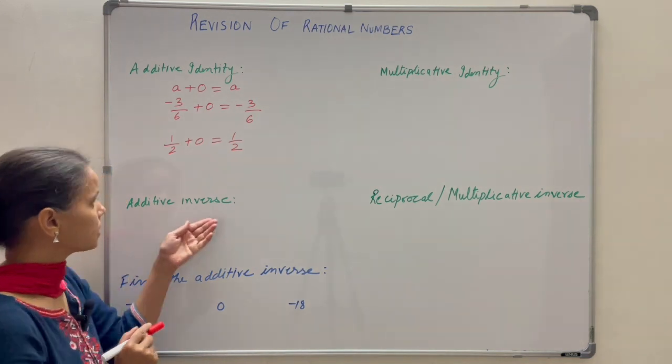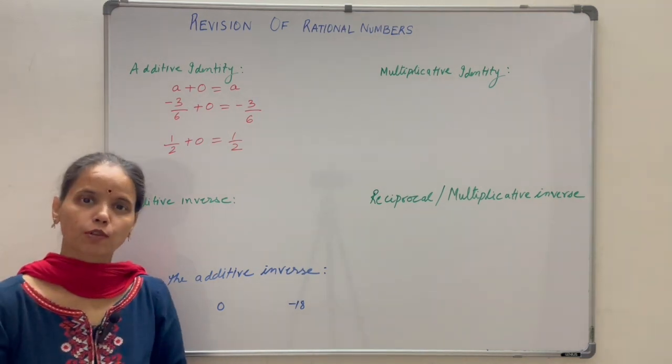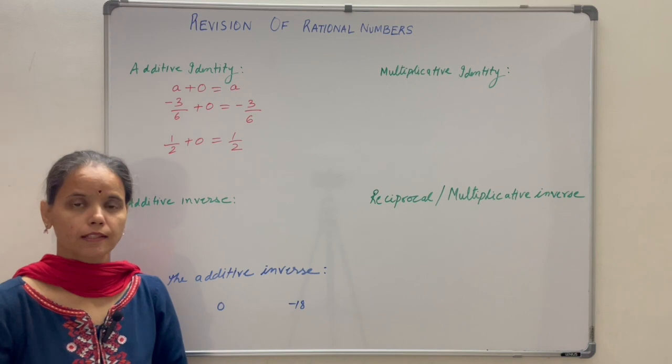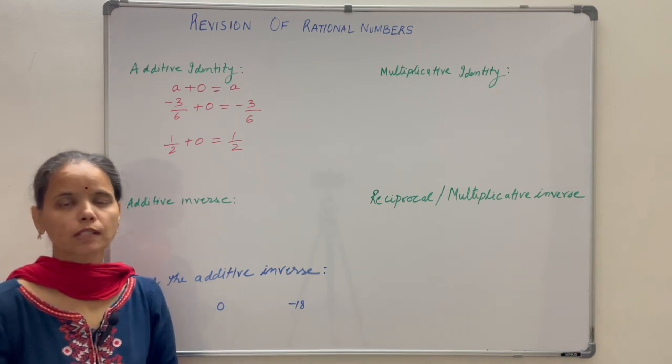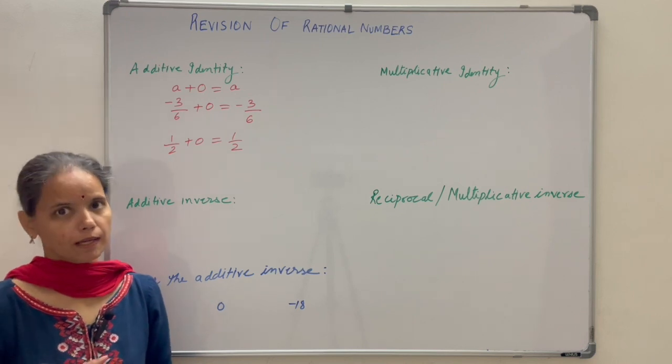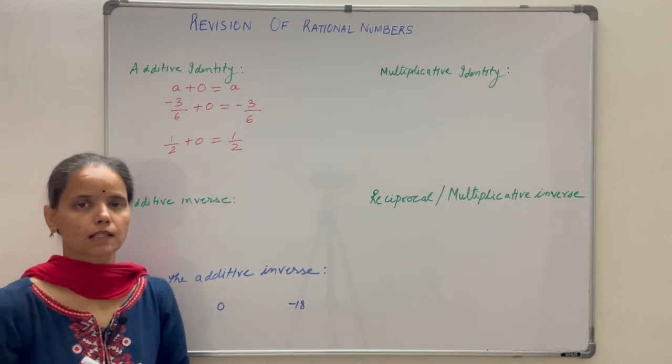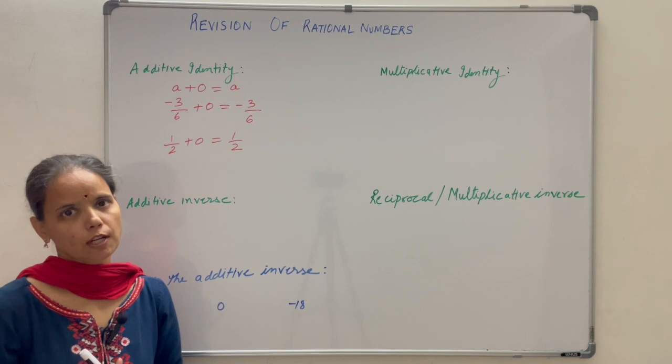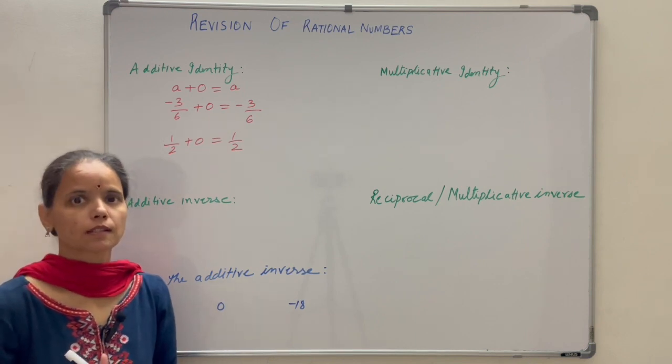So 0 is called the additive identity. Now let us discuss the additive inverse. As for natural numbers, whole numbers and integers, to find the additive inverse, we just change the sign. So for plus 6, it is minus 6. For minus 6, it is plus 6. Similarly, for rational numbers, we just change the sign.